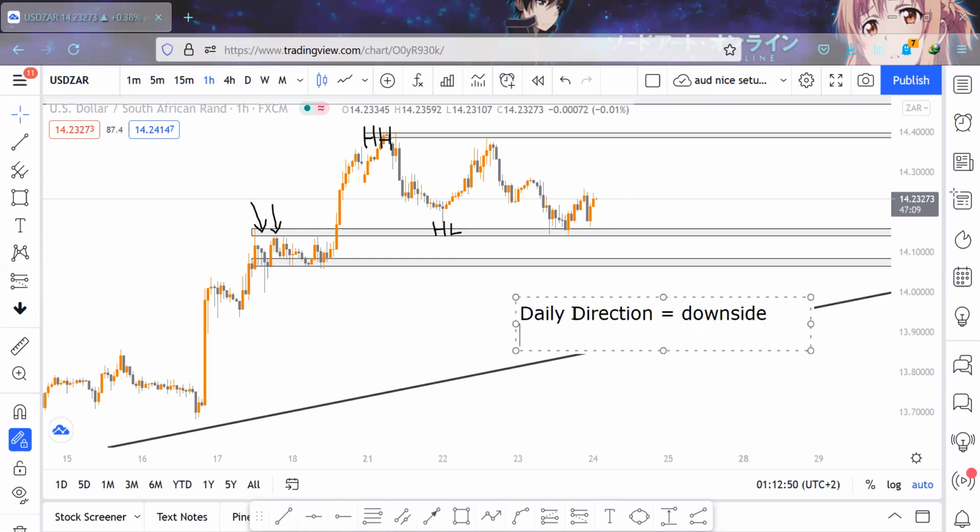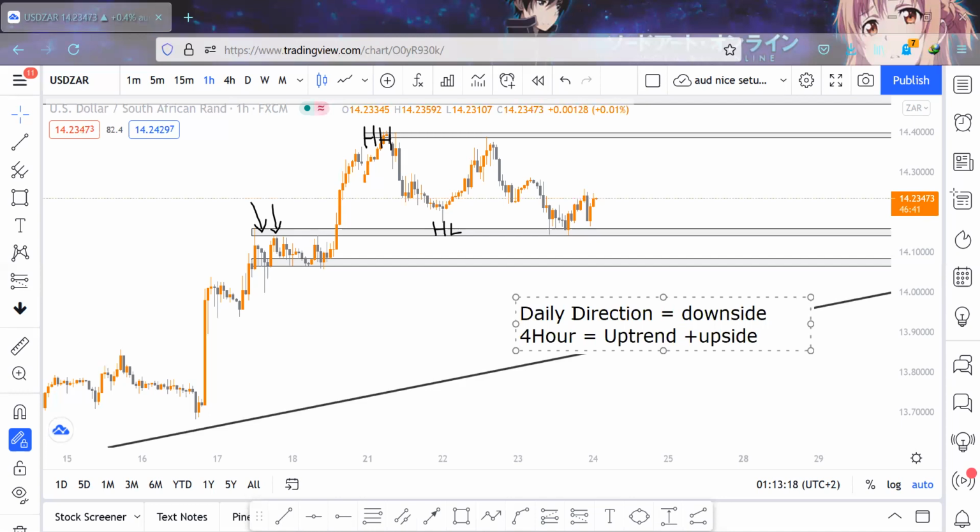We have the 4-hour structure. We have the 4-hour being in an uptrend, right? That means that the direction on the 4-hour time frame at this moment is to the upside, right?